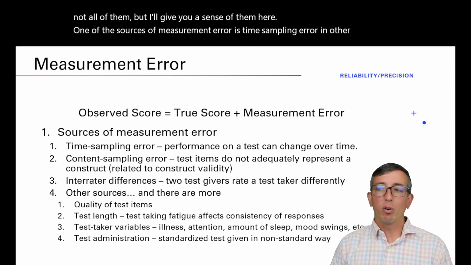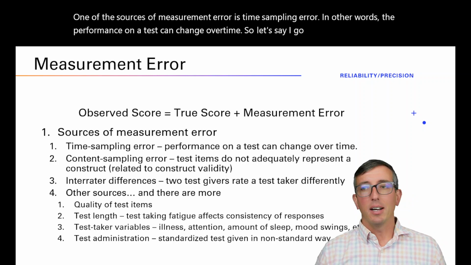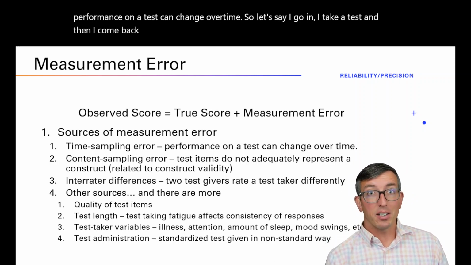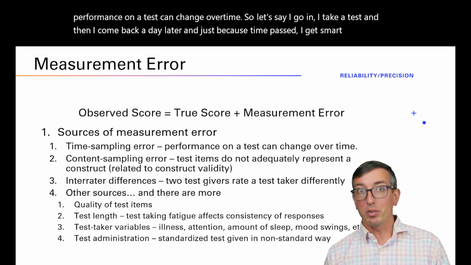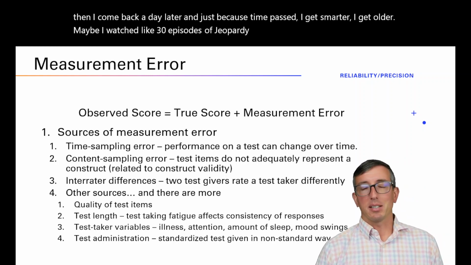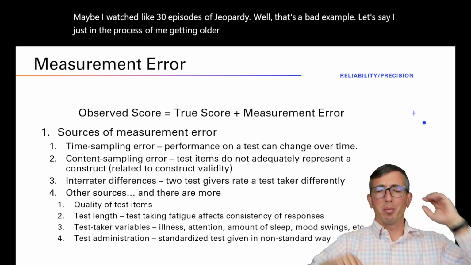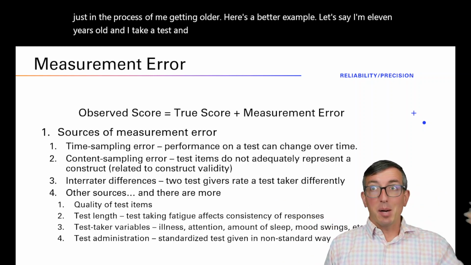In other words, the performance on a test can change over time. So let's say I go in, I take a test, and then I come back a day later, and just because time passed, I get smarter, I get older. Here's a better example. Let's say I'm 11 years old and I take a test and then I drop out of school.